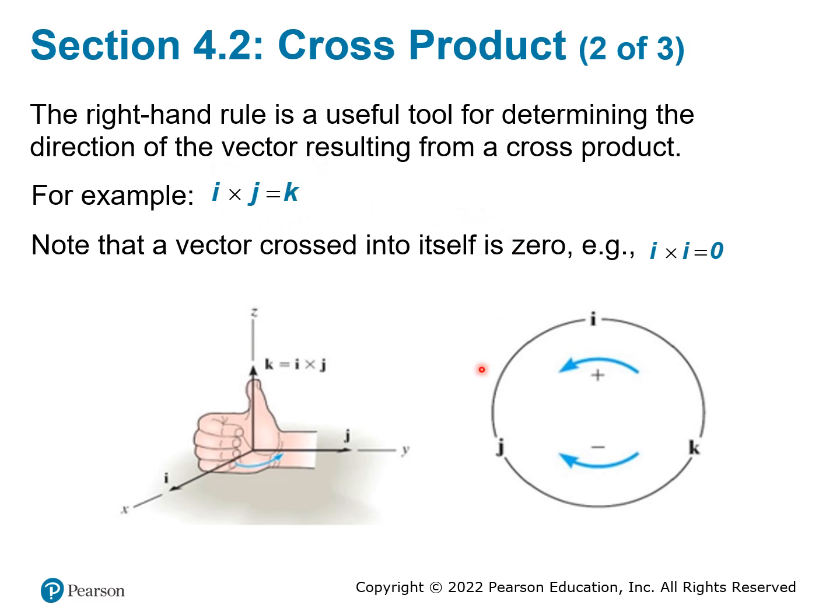Okay, so if you cross the same direction vector, let's say i cross i or j cross j, you're going to get 0. That is the definition. That is how you do the cross product of two vectors. If i and j are parallel, meaning the two vectors are parallel, you're not going to get any moment. But if i and j are perpendicular, then you are going to get the result, which is on the third axis.